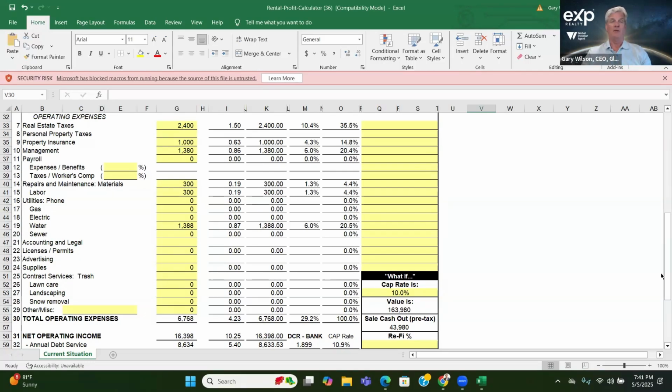For the newest homes, operating expenses are going to be a much smaller percentage. You could go down to 20%, even 10% on single family homes for a brand new home, because there should be no expenses. The tenant pays everything, and you shouldn't have any maintenance or repairs.